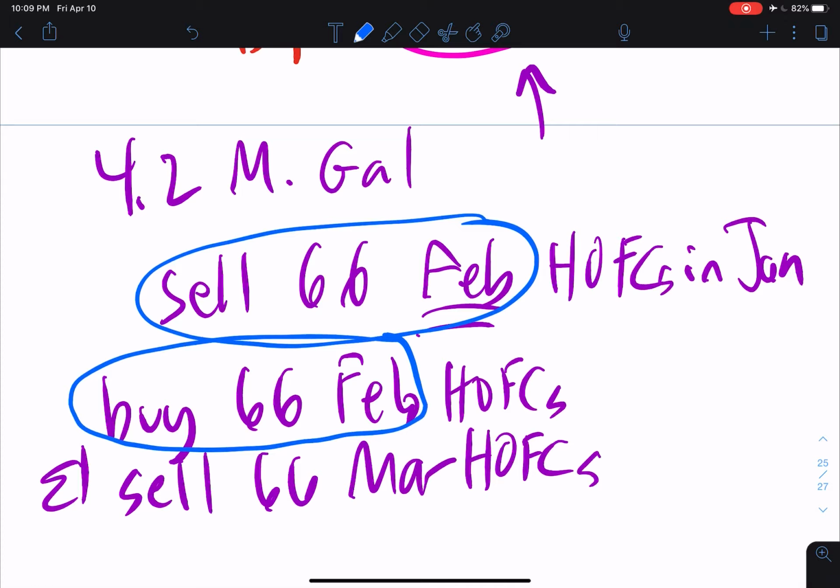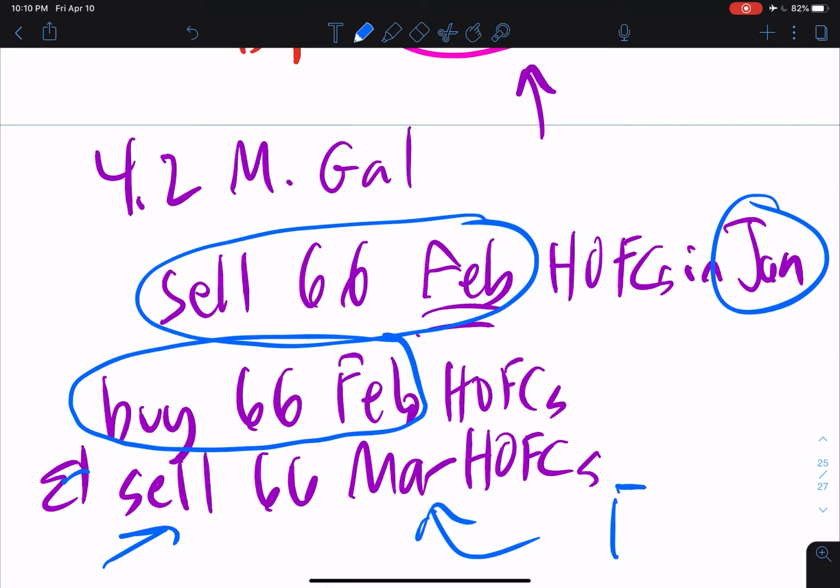It's like he's closing his position. Otherwise he would be obligated to both make delivery and take delivery of the number of gallons associated with 66 contracts. Then when he sells the 66 March contracts, he's effectively rolled his January hedge into a February hedge. So these March contracts will hedge the value of the inventory in February.